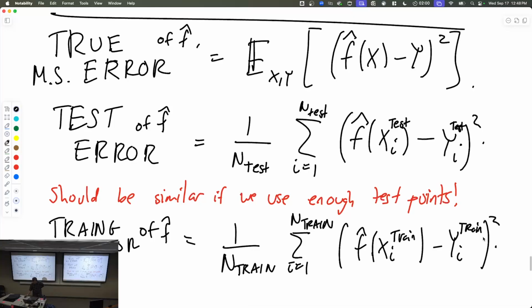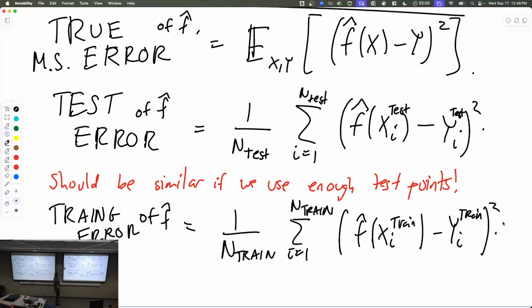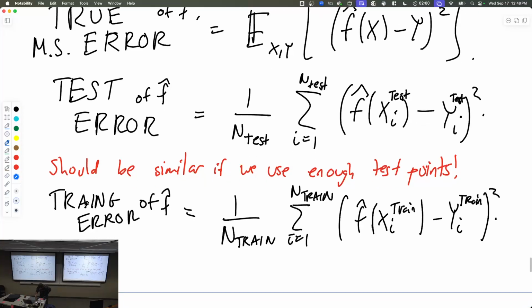Okay. And you might think, hey, the test error we said is a good proxy for the true error. Shouldn't the training error also be a good proxy of the true error? And the answer is no. This is, I think, the most important thing you should know about the training error. Warning.